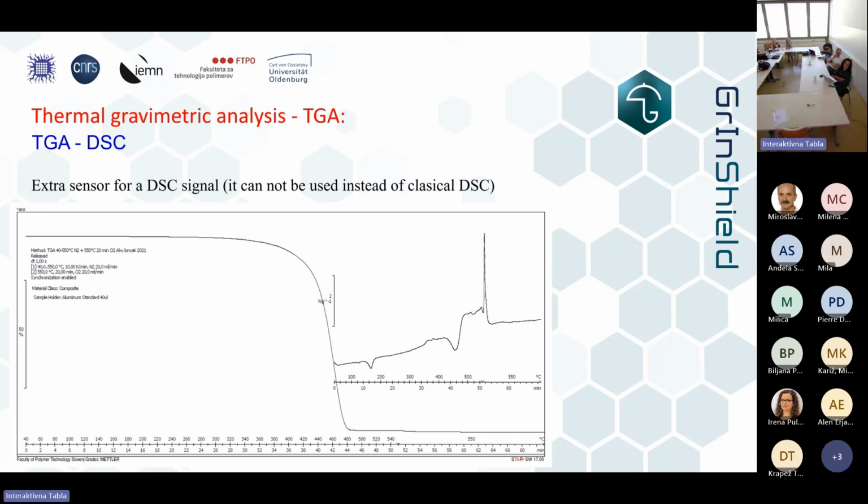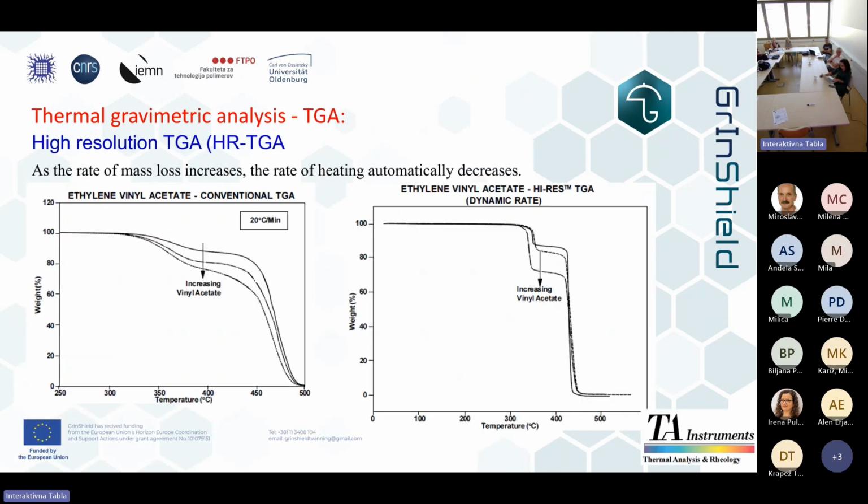However, I must say that this signal is not so good to be used instead of DSC. It is a nice approximation, I can say, but I wouldn't really recommend to use it instead of DSC.